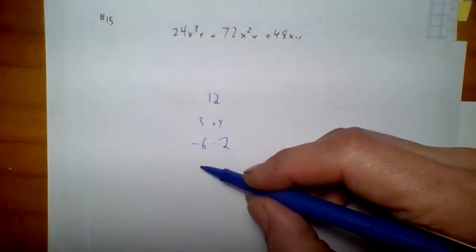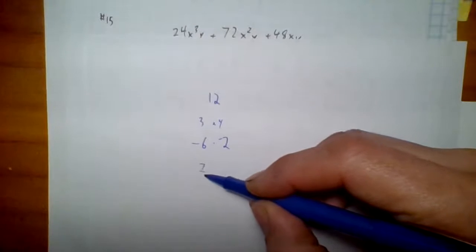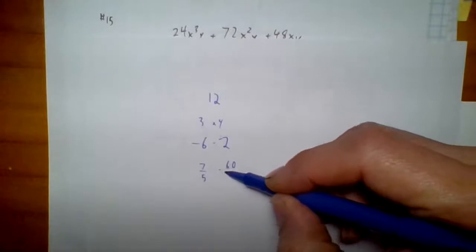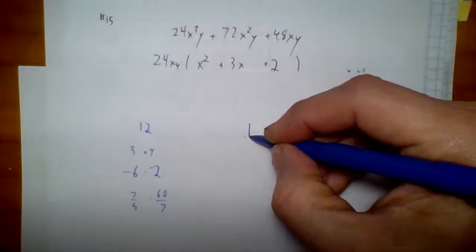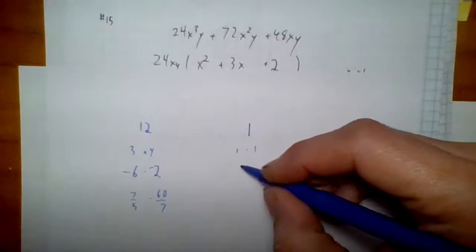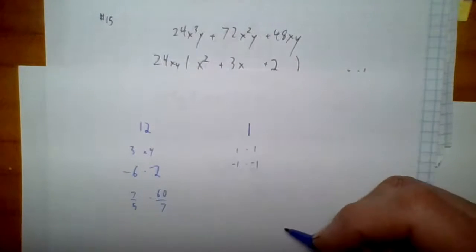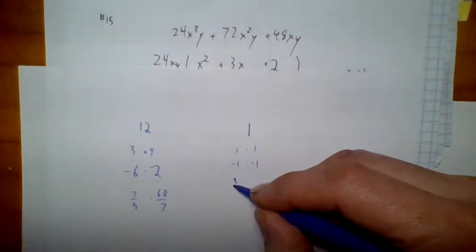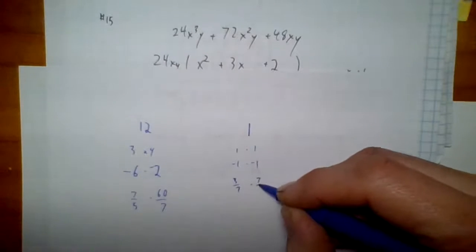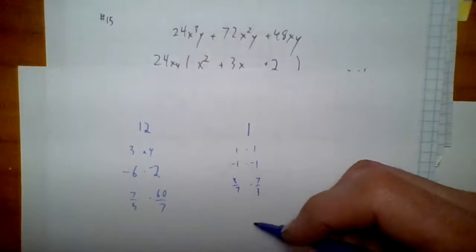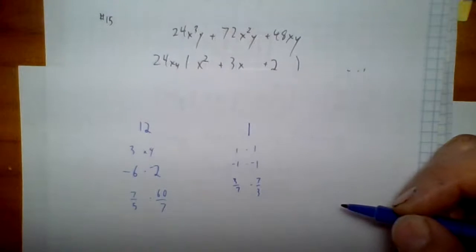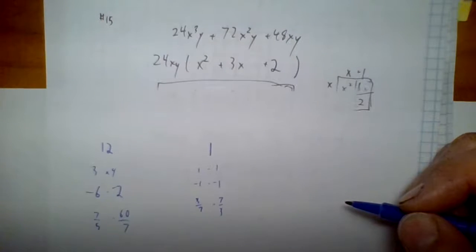We could have 7/5 times 60 over 7 would come out to 12. There's lots of ways of multiplying to 12, and that's not very helpful. Even a simple thing like 1, it could be 1 times 1, or negative 1 times negative 1, or 3 over 7 times 7 over 3, or I could keep going like this, but the fact is that doesn't tell us what either of the numbers are.